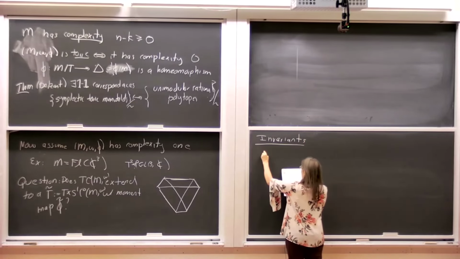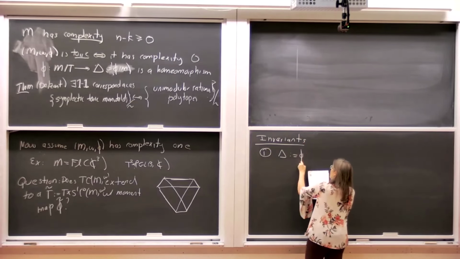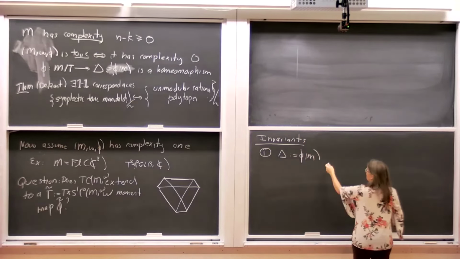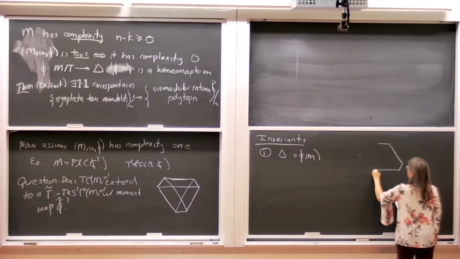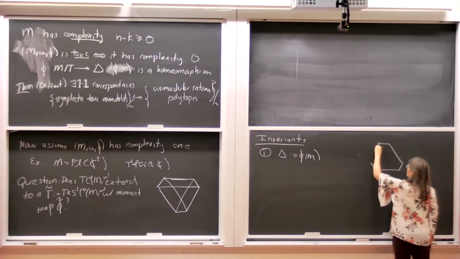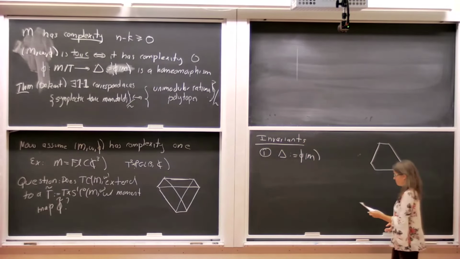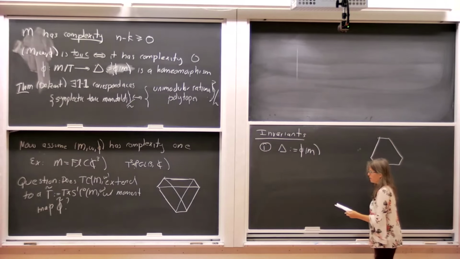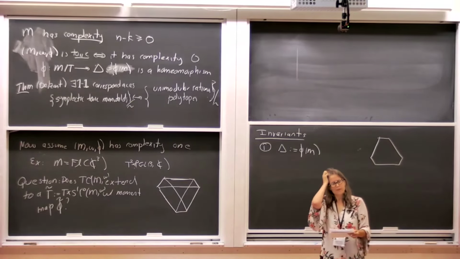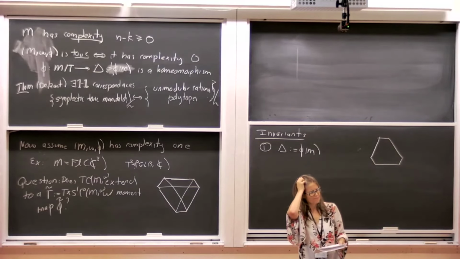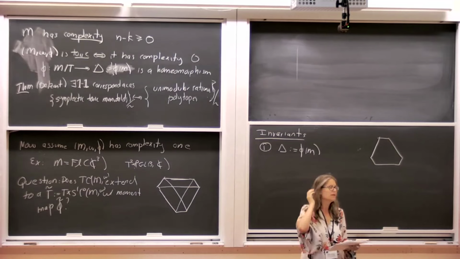One is just the moment image. That's an obvious invariant. I'm going to redraw my picture. And so for my example, that's what it looks like. Just that picture. I only care up to translation, so where 0 is doesn't matter so much.